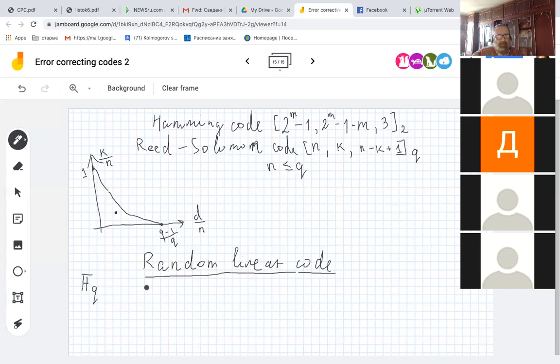And then we choose the block length n and k, the dimension and the distance, so that those parameters are close to the Varshamov-Gilbert bound. Not exactly on the line, but strictly below the line, so to say here.